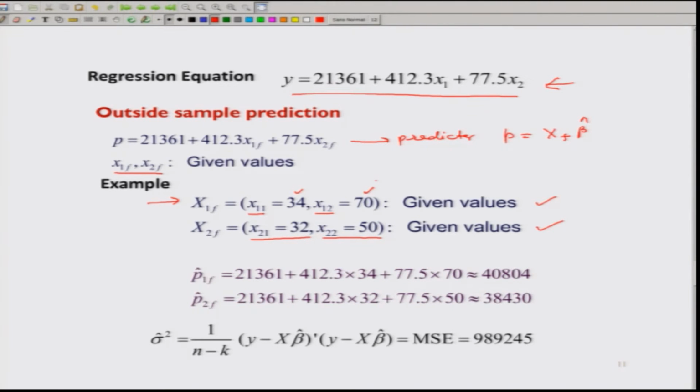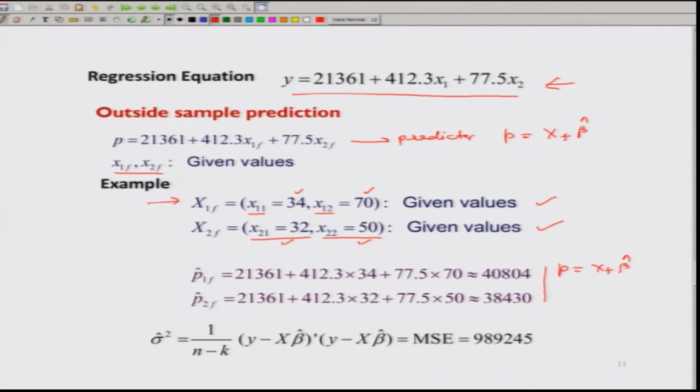And in the second case we would like to find the value of y when x1 takes value 32 and x2 takes value 50. So, using the predictor y is equal to xf beta hat, I have obtained these two values after making some elementary calculations.